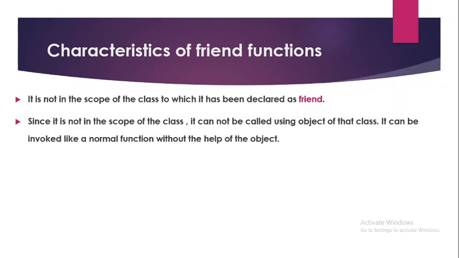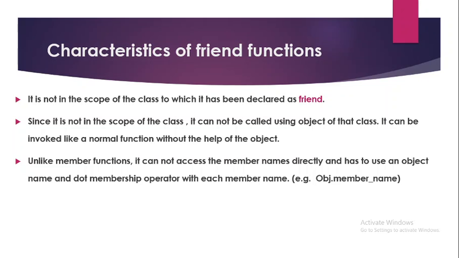But as this friend function is not under the scope of the class, it is not a member function, we can call this function directly without using the name of the object. I repeat, we can invoke a friend function directly without using the name of the object and dot operator.